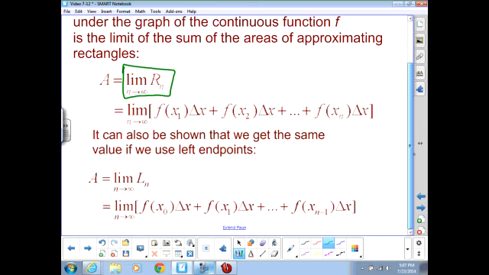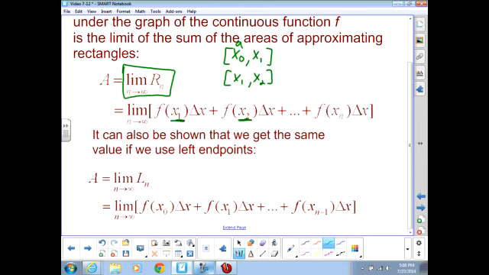Now notice the difference between right-hand endpoints and left-hand endpoints. With right-hand endpoints, because your first interval went from x0 to x1, remember x0 is the same as a, and then from x1 to x2, your first right-hand endpoint was x1, and then the next one was x2.